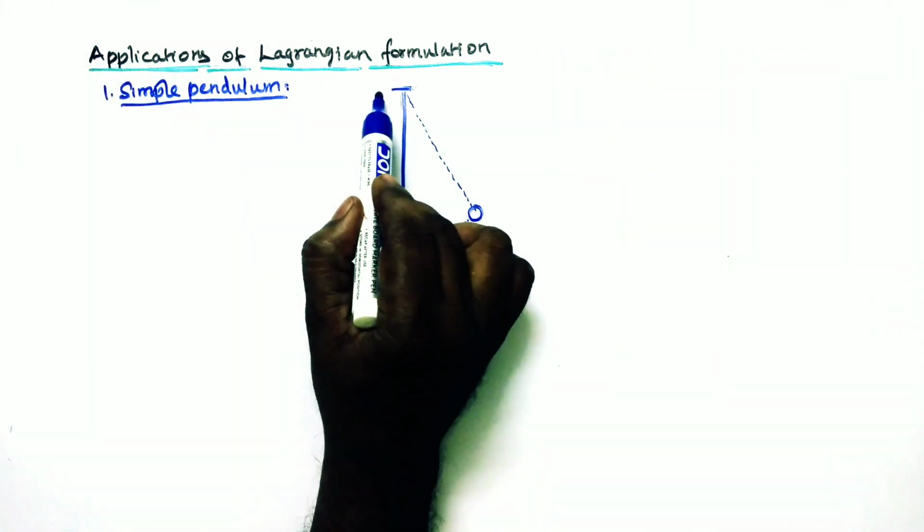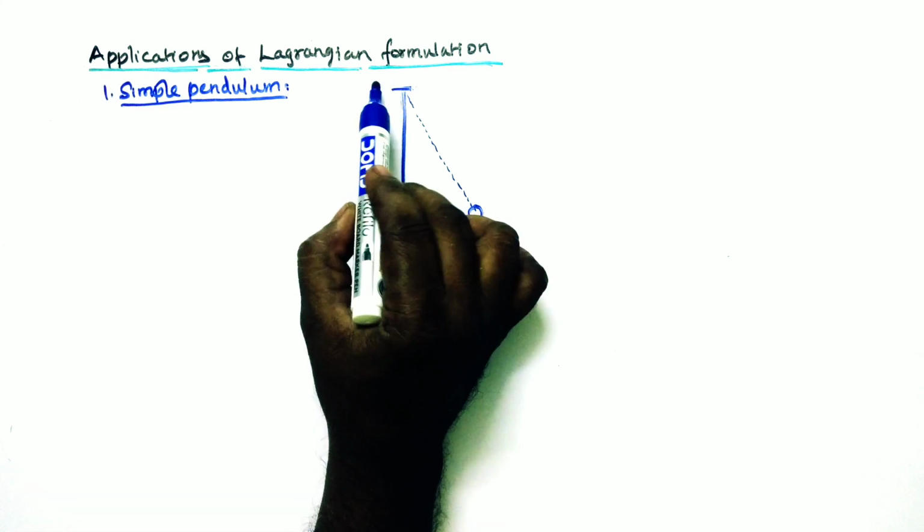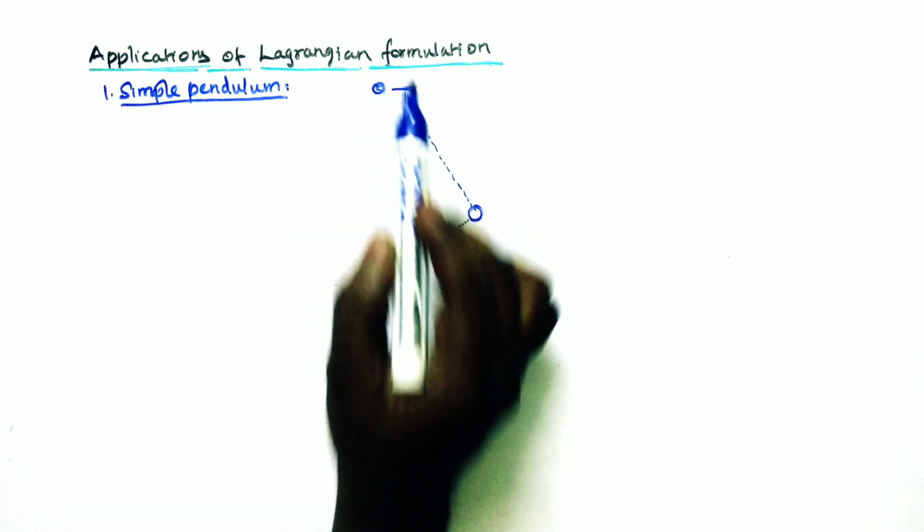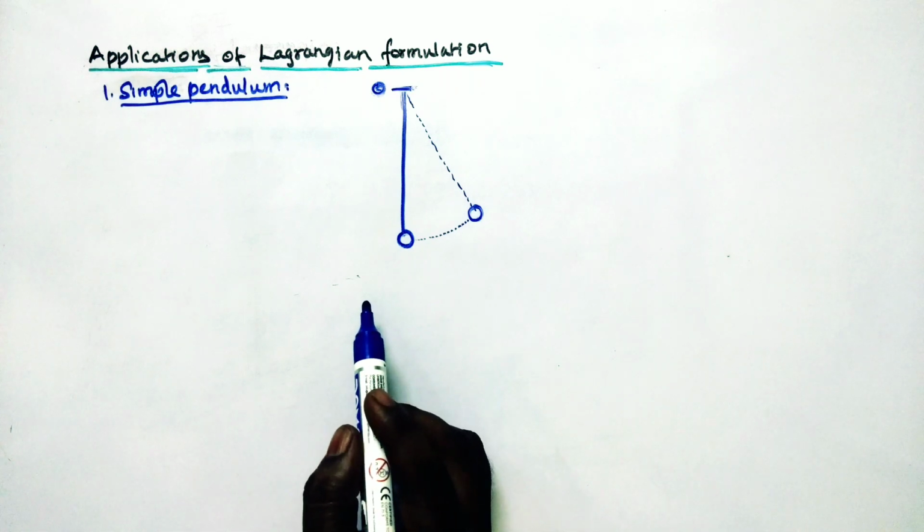So this is O. O means origin, the center point.